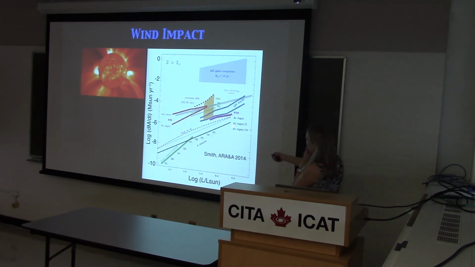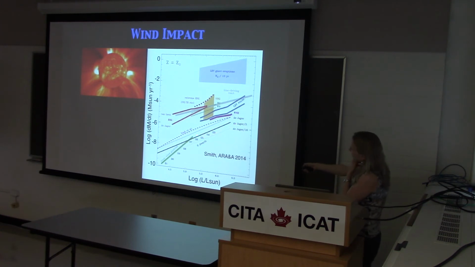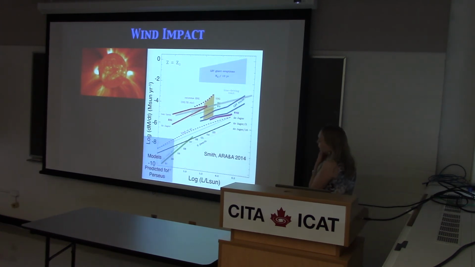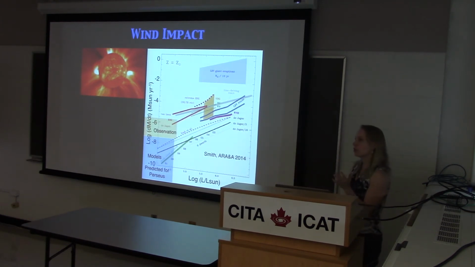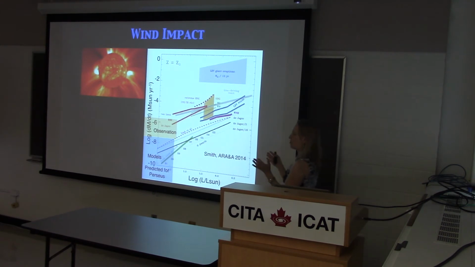All right. So here are the winds predicted from O and B-type stars. This is what we should have given the masses of stars that we see in Perseus. And this is what Hector and Alyssa inferred given the distribution of shell sizes and masses and momenta.